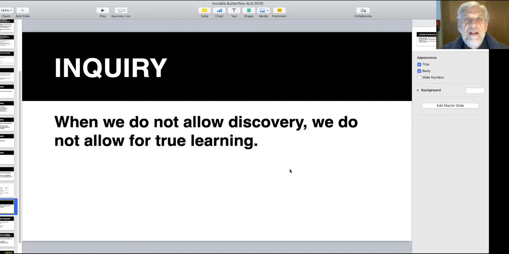The problem is they don't get the advantage of the brain development that comes from inquiry. So I'll give you an example from a case we really dealt with. We had a student who was in 5th grade, and he had an IQ around 50. When we interviewed him, his response to the question, how many do you see, was to count no matter what.